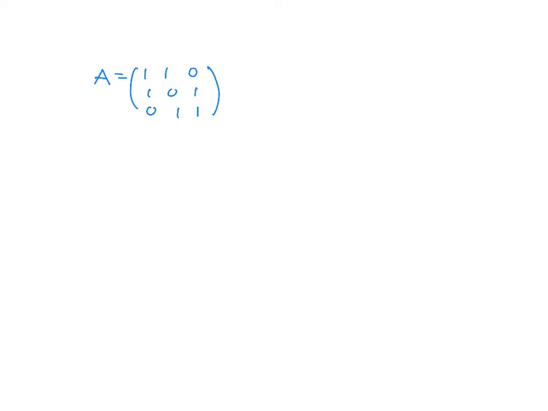This is a real matrix, so the dagger, the adjoint, means just the transpose. And you can see that when you take the transpose, it is the same as A, right? So A dagger is actually A transpose, which is the same: (1, 1, 0; 1, 0, 1; 0, 1, 1). It's A. So this is Hermitian.